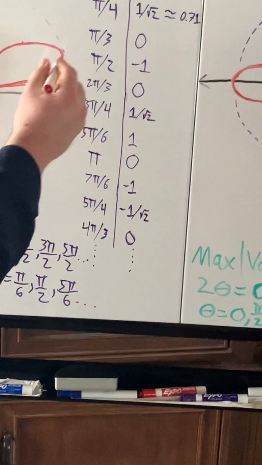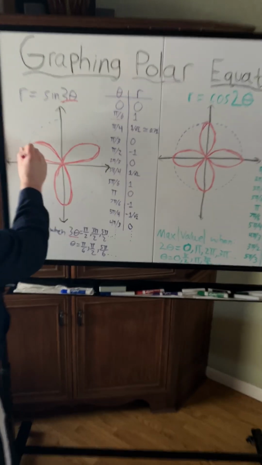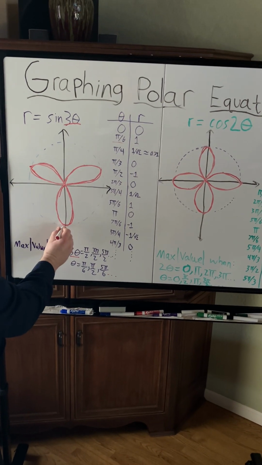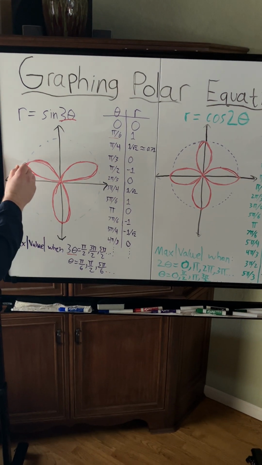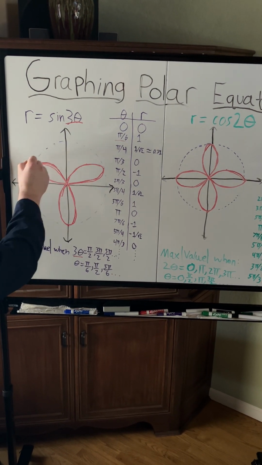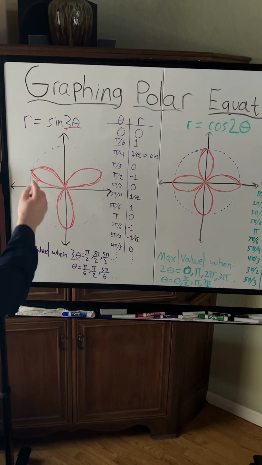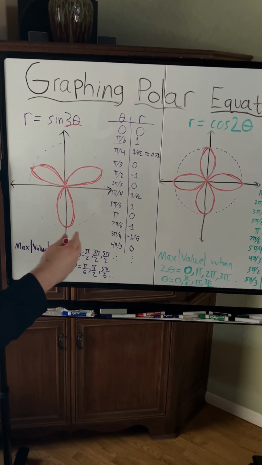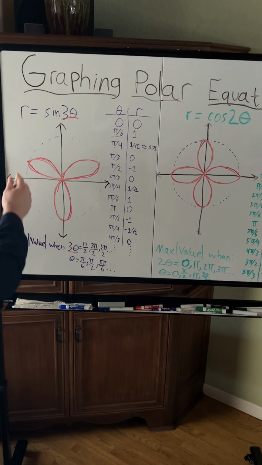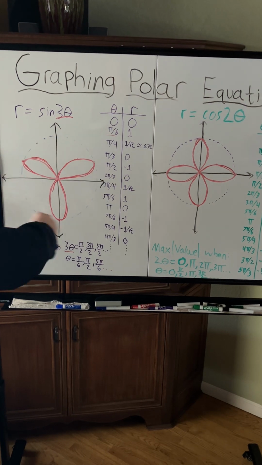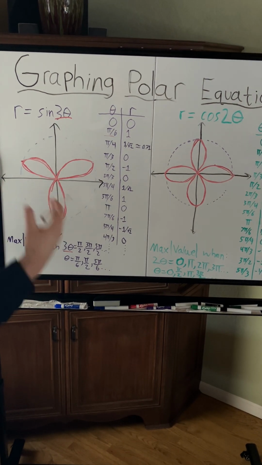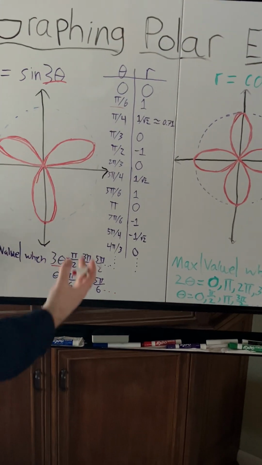The tips of your petals will always be equidistant. So, look at these. We have 3 petals, that means each one is going to be 2 pi over 3 away from one another. A full circle is 2 pi. If I divide that into thirds, I get 2 pi over 3.